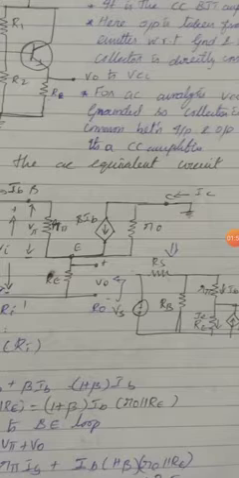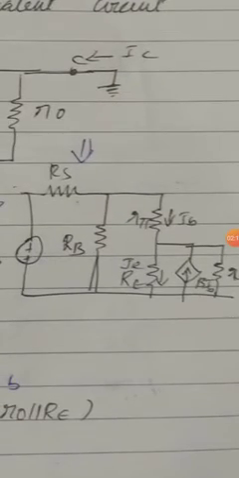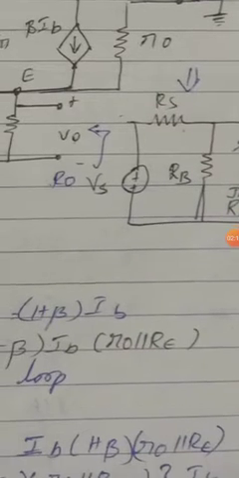When VCC is grounded, what happens? One end of the current source beta times IB will be inverted, and the other end will be grounded. So you can redraw this like this. This is the AC equivalent circuit for the common collector amplifier.